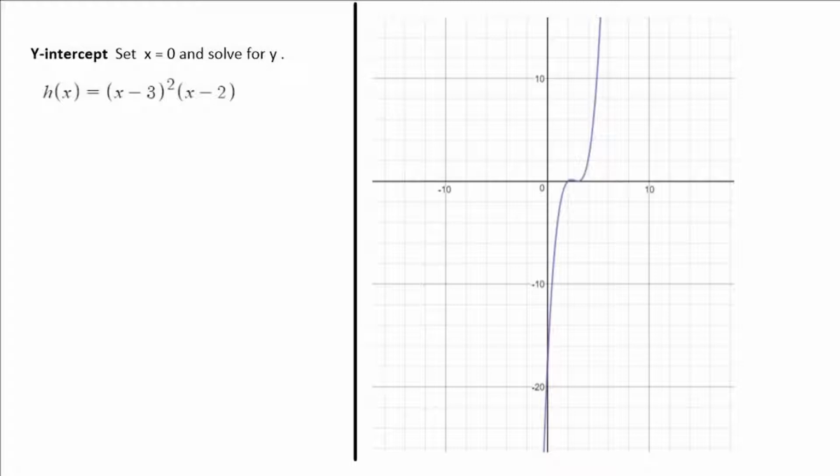For example, if we substituted 0 for x in the function that we have, this is what it would look like: 0 minus 3 squared times 0 minus 2. 0 minus 3 is going to be negative 3, so we have negative 3 squared. 0 minus 2 is negative 2. Negative 3 squared is positive 9, and we multiply that by the negative 2 we already have, and so that tells us that our y-intercept is going to be negative 18. If we notice on the graph, it's crossing at about negative 18.